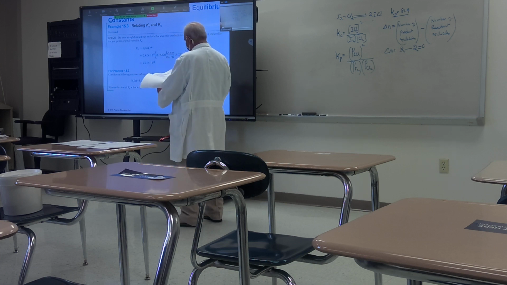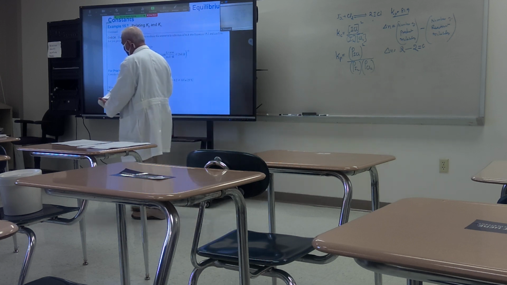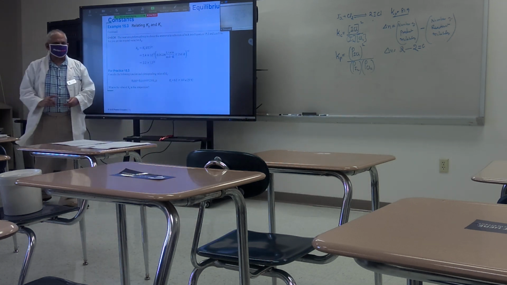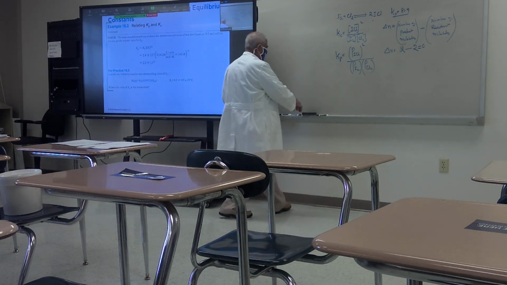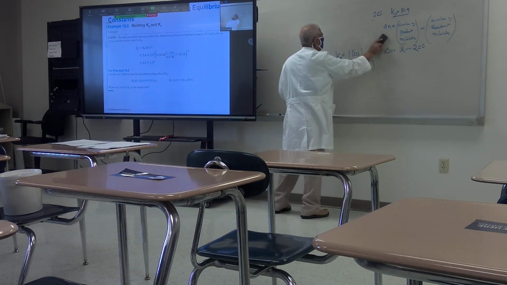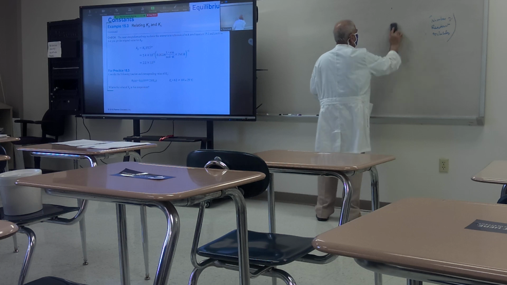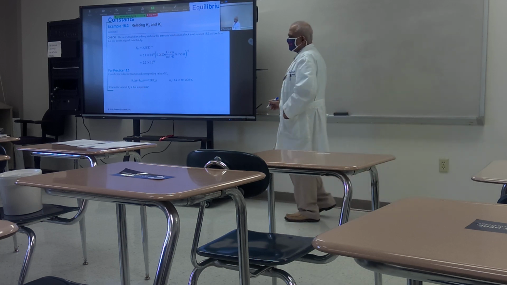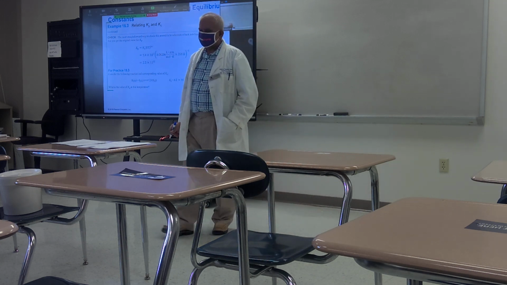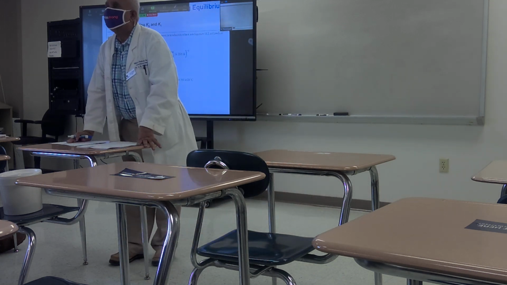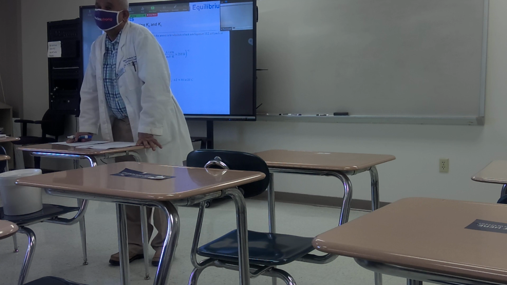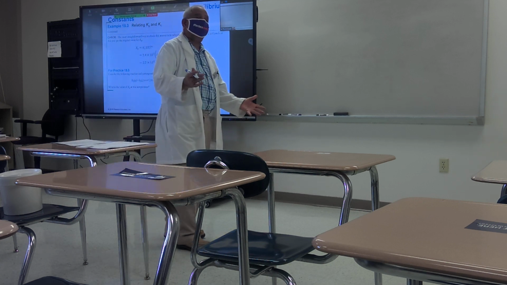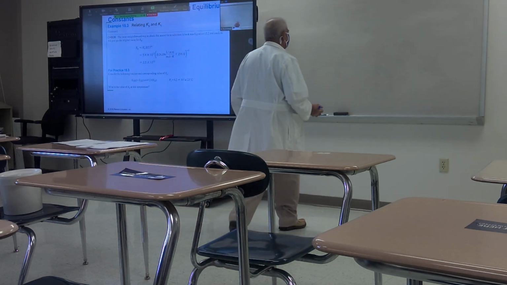So next, heterogeneous equilibrium. I also touched upon this a little bit. When you have a reaction where the reactants or the products are in the form of solids, how do you write the equilibrium constant expression?